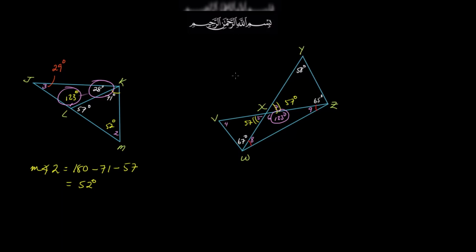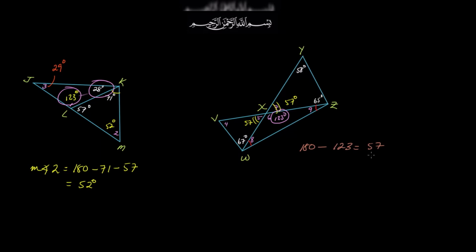Okay, and what now? How do I get 8 and 9? Well, they're the same, right? So if I take 180 degrees and then subtract 123 degrees here, that will give me 57 degrees, right? That's for 8 and 9 together, but you have to cut that in half.